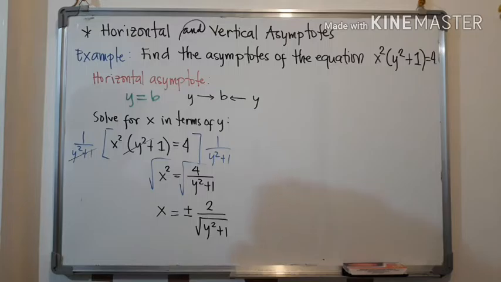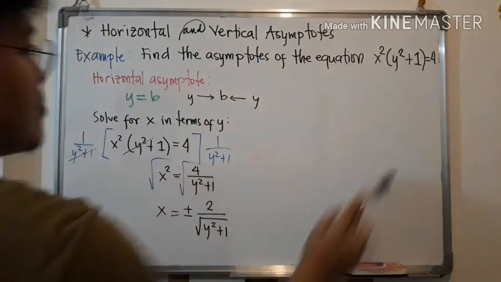Meaning x is defined and is real for all values of y. For example, if y is a negative real number, the denominator is still positive. If y is positive, it's still positive. If y is equal to 0, the denominator is still positive. And so x is defined and is real for all values of y. Meaning to say, we do not have a horizontal asymptote for this equation.